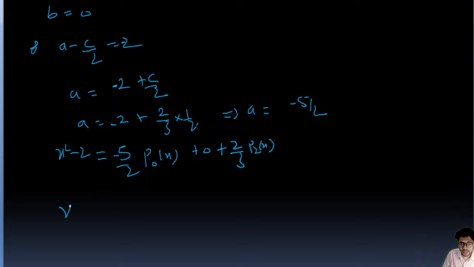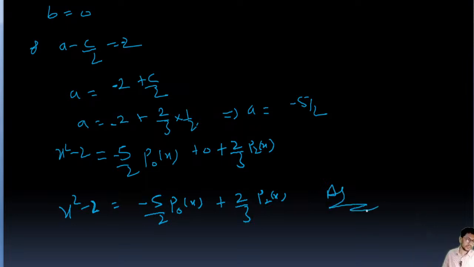So the polynomial in terms of Legendre polynomials is −5/2 p0(x) + 2/3 p2(x). This is the required answer. Very simple, guys.